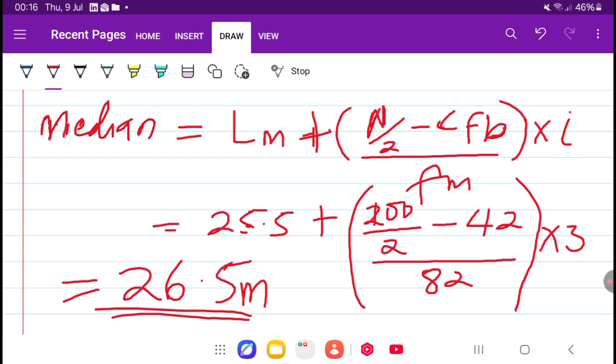Now, if you want to get to the ogive, of course, you put the cumulative frequency on the vertical, then you put the class boundaries on your horizontal, and then you'll be able to plot. So that's all that we can talk about as far as the median is concerned.